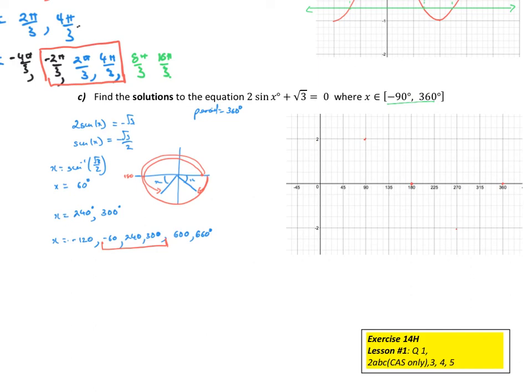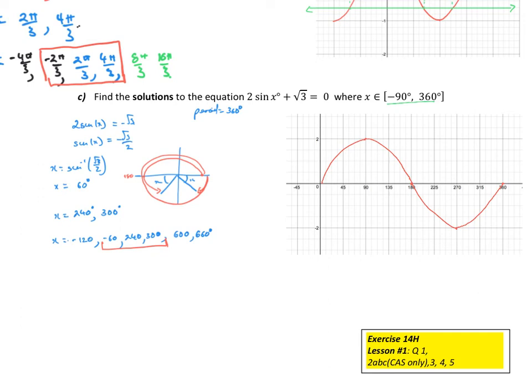So as a graph, there's my 2 sine x plus root 3.